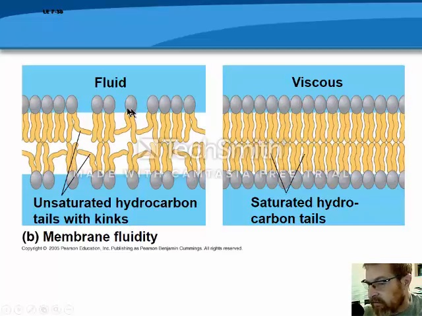You'll have one side near the outside of the cell in the liquid, one side on the inside with the liquid, and then the carbon chains on the inside, in the space that's formed between the two layers. When there are lots of these bent molecules, this is what's going to keep the membrane fluid, because the molecules just can't get close enough to form a solid.